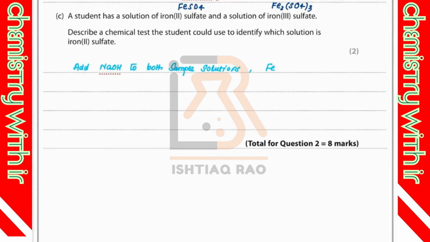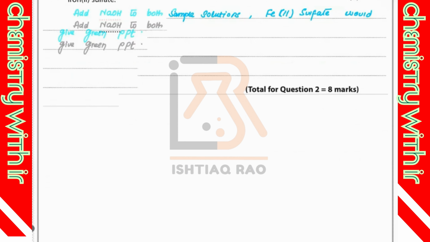Iron 2 sulfate would give green precipitate, which means iron 2 is confirmed.